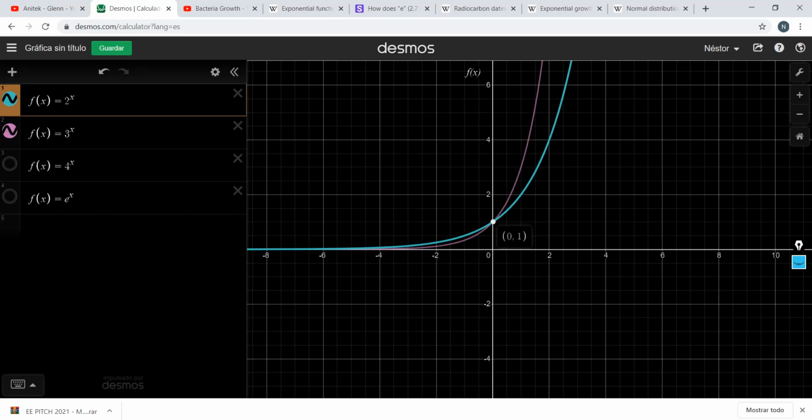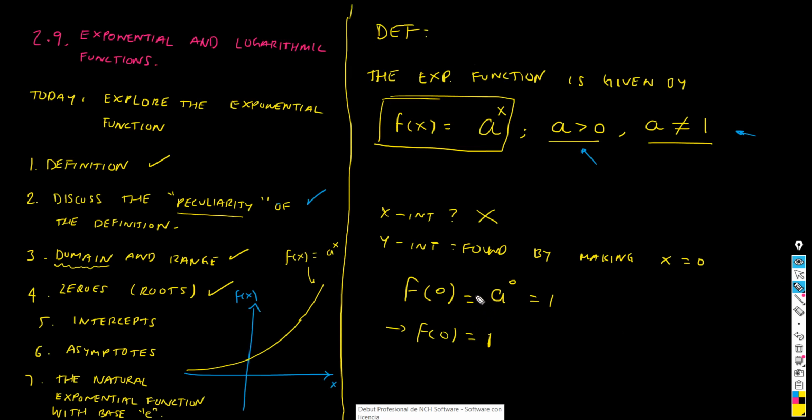This new function, f of x equals 3 to the x, another particular base, also has the same y-intercept. What about f of x equals 4 to the x? You see? Same y-intercept. Because what I did a moment ago, if you noticed, I actually didn't give a any value.